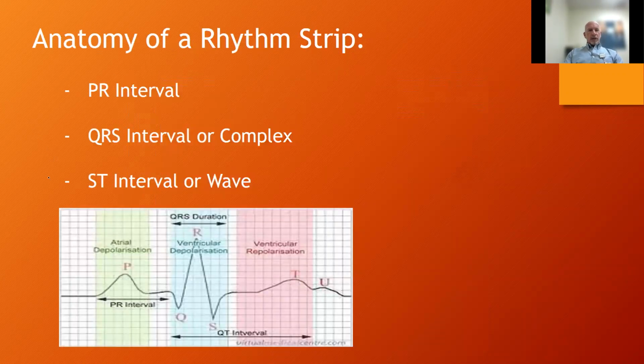So here again, we're talking about the P wave. We're talking about the QRS, which is, this is the atrium, this is the ventricle, and this explains it right here. The P wave, PR interval is your atrium depolarizing. Remember, depolarizing is another word for contracting. QRS is the ventricular depolarization. That's when your ventricles are contracting.